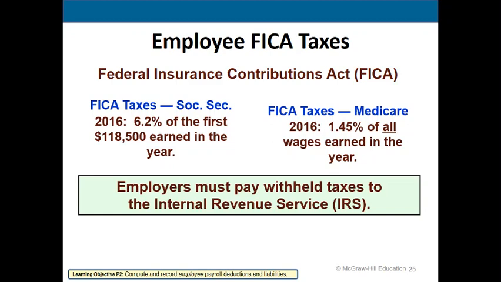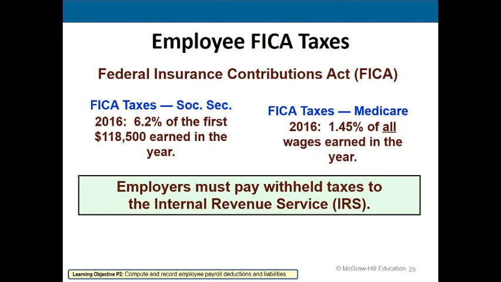And so you have to deduct 6.2% of each employee's paycheck, gross pay, and deduct that and pay it over to the U.S. government. Now, that's on each employee's income up to the first 118,500 in 2016.